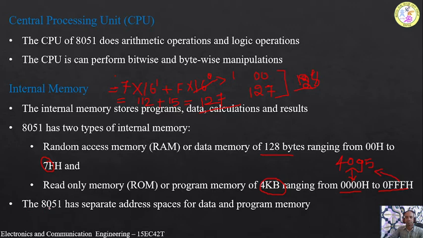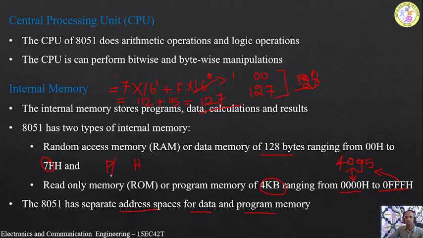And the 8051 has a separate address space for data as well as for the program. This indicates that data memory and program memory are different, which means it uses the Harvard architecture. In the previous class, we studied the Princeton architecture as well as the Harvard architecture.